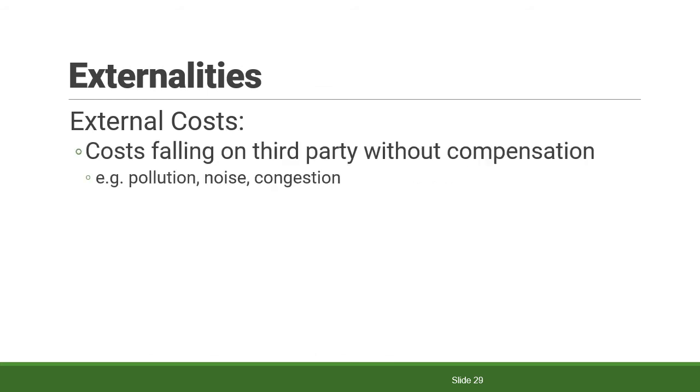External costs are the costs falling on third parties without compensation. So essentially, this is a cost that everybody pays in accessing a particular good that is not really compensated for. One really good example of this is pollution.